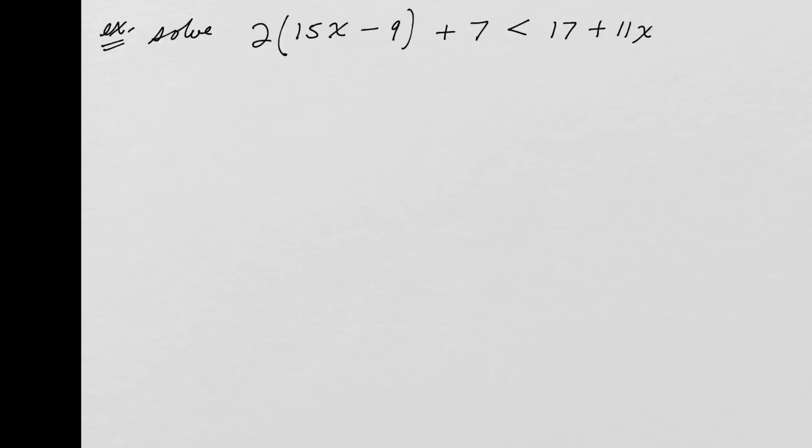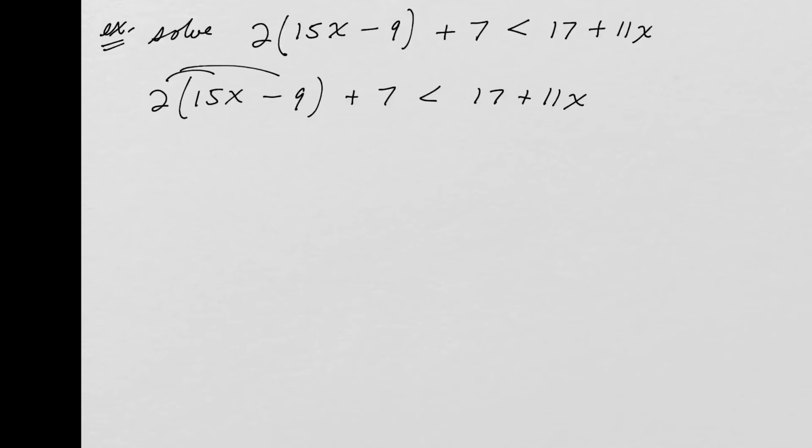Solve this as if it's an equation. You only have to worry about that one exception. If you ever, at any step, and usually it's at the end, multiply or divide by a negative value, you have to switch the sense of the inequality. So what would I normally do first? I'd distribute the 2, multiplying that 2. So that would be 30x minus 18 plus 7 is less than 17 plus 11x.